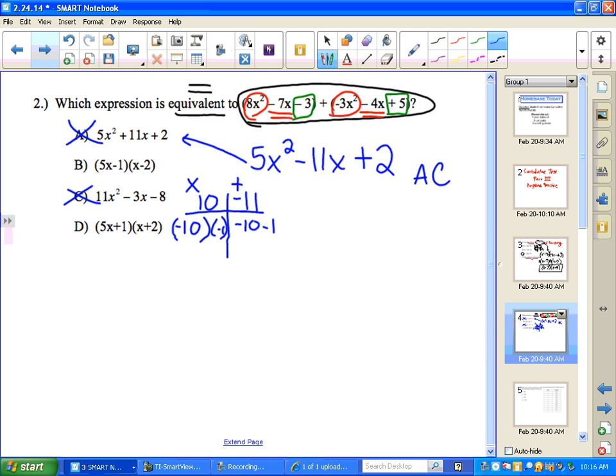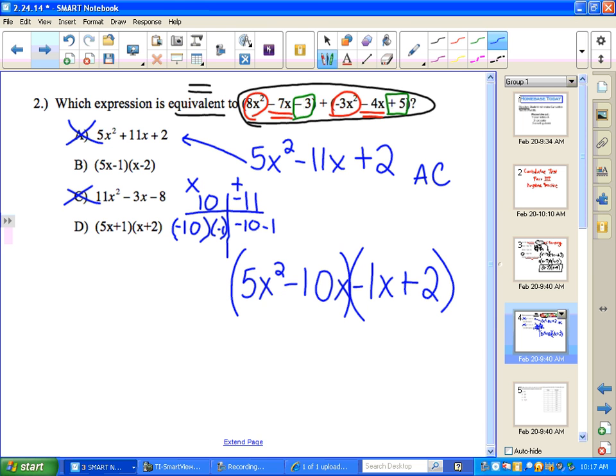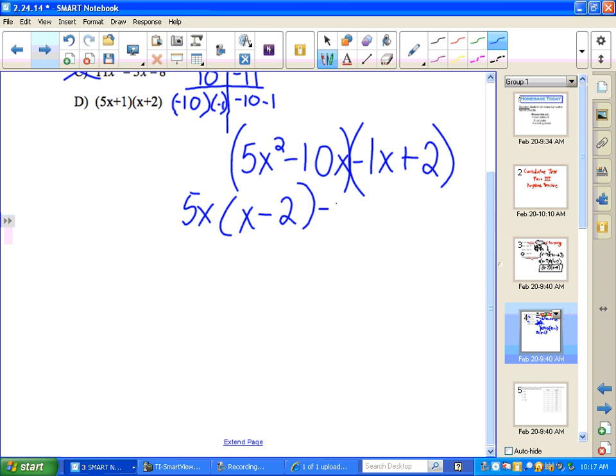Okay, so we're going to take our original problem and replace the middle term with these 2 factors that we found. So 5x squared minus 10x minus 1x plus 2. Group the first 2 terms, group the second 2 terms. We're going to take out the GCF. In the first set of parentheses, we're left with x minus 2.